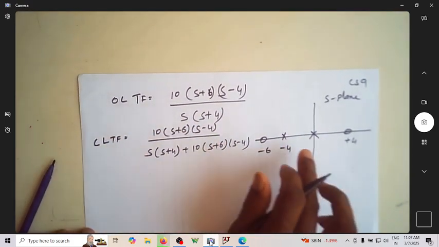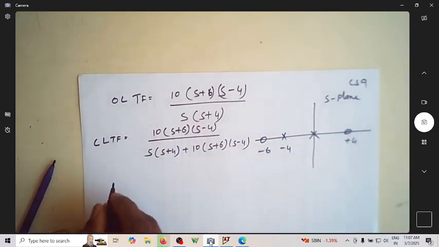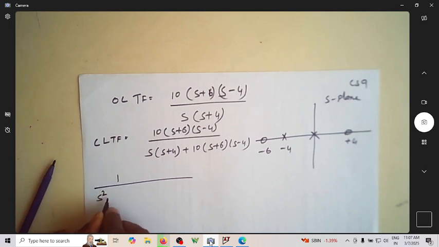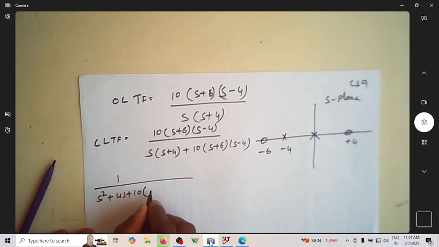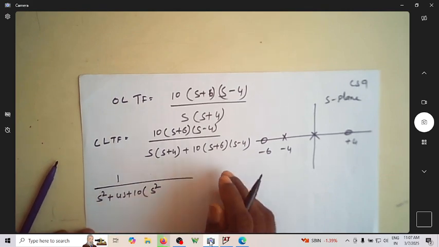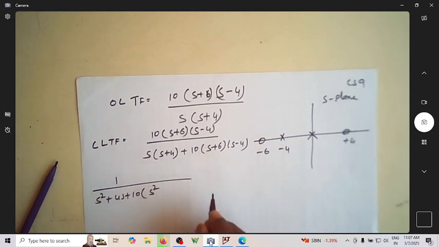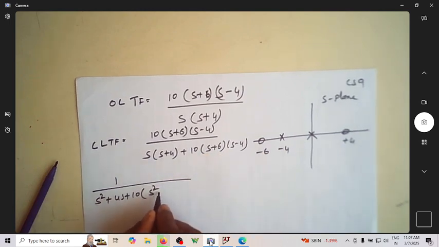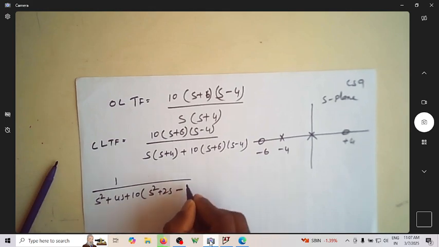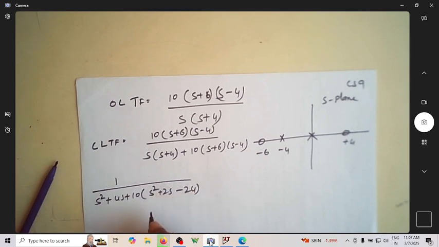Anyhow, the numerator is the same, so it will remain as it is. In the denominator, what do I have? It is s square plus 4s plus 10 into s square plus 2s minus 24. Correct?